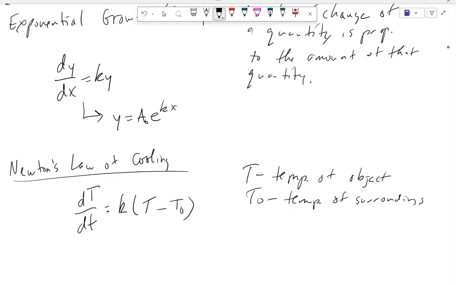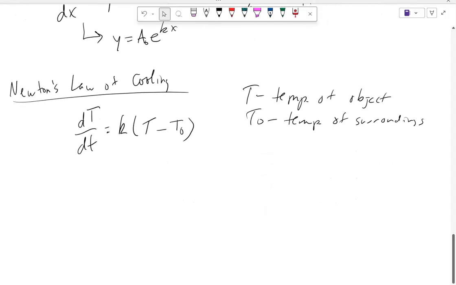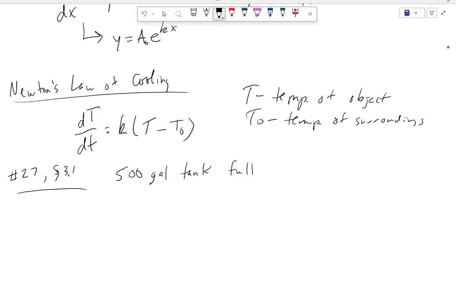Okay, so this is actually number 27 in your text. It's a 500-gallon tank that's full of pure water.